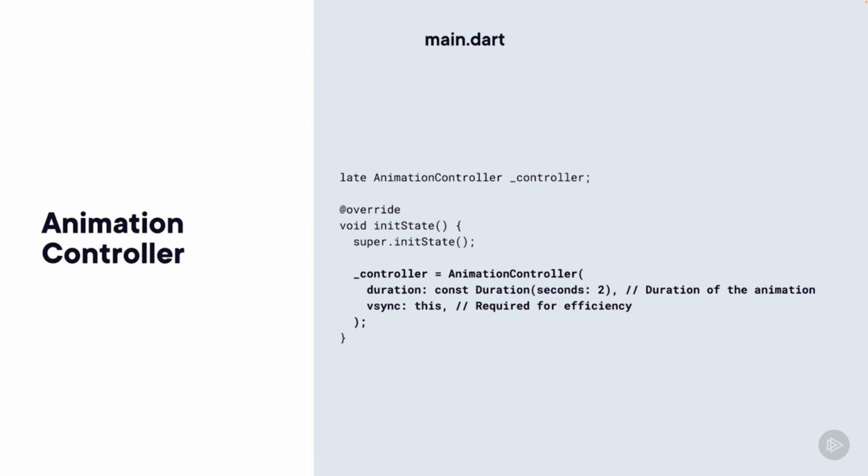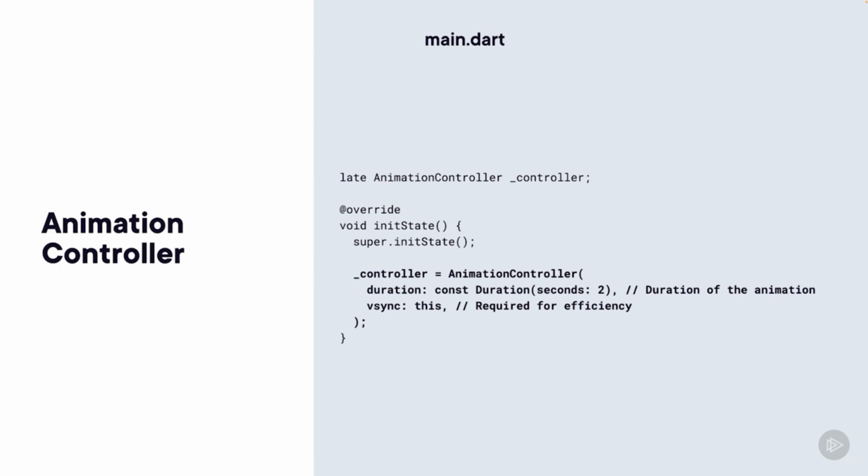The animation controller is responsible for controlling the timing of the animation. The animation controller needs a duration and also a vsync property. Providing vsync is important as it reduces the load on the CPU by ensuring that animations are only active when necessary, such as when the screen is visible.